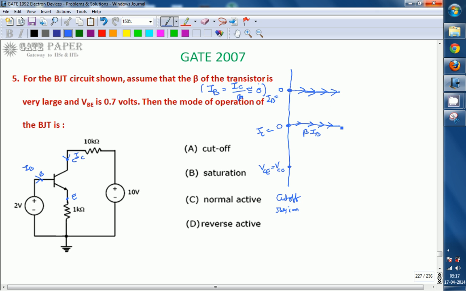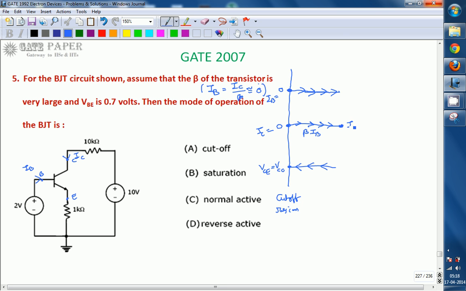Whenever IC increases, the voltage VCE gets reduced, because out of these 10 volts some voltage drops across the resistors, so the remaining voltage is only present between collector and emitter. The relation between IC and IB, that as IB increases IC increases, does not continue forever, and IC will become saturated at one point.